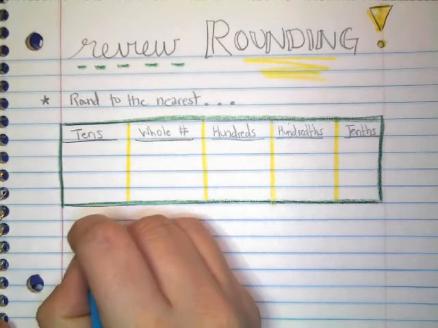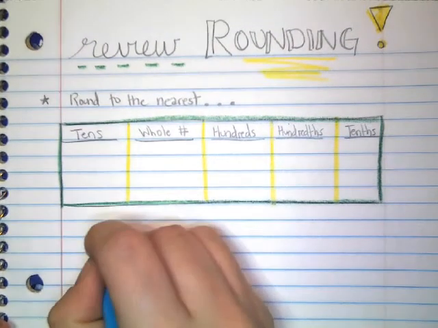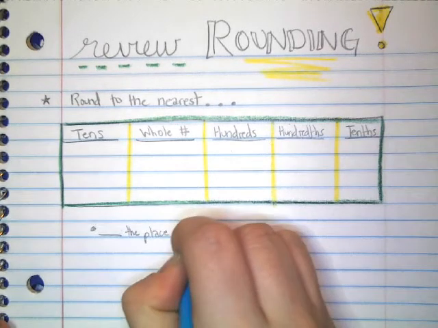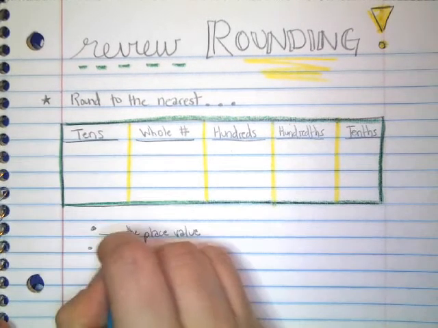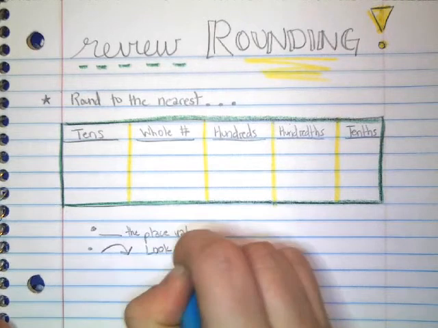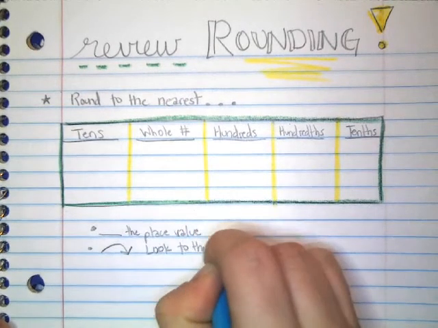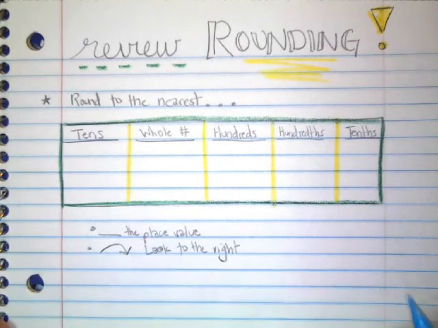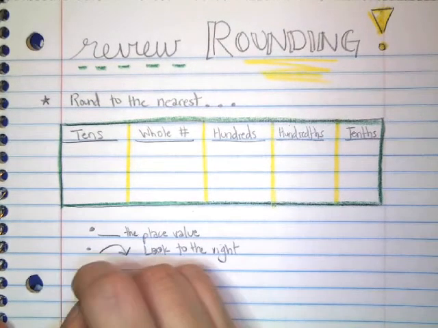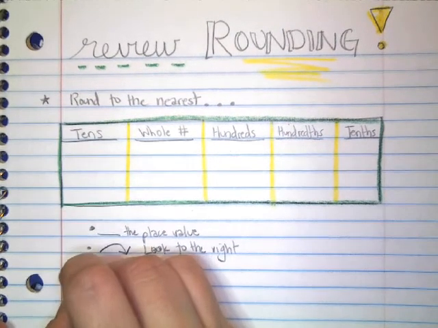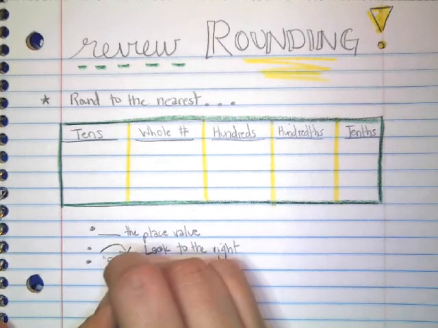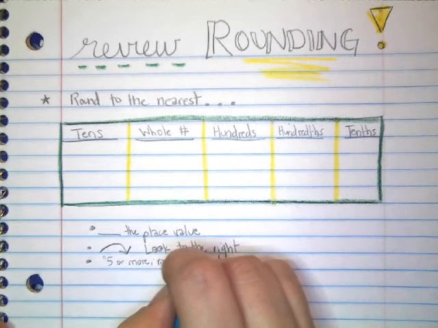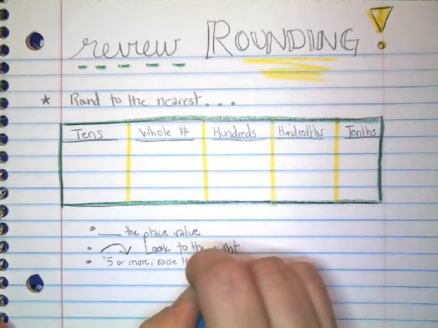Okay? And then the quick steps, remember, are to underline the place value. Look to the right. When you look to the right, you're going to do that phrase: 5 or more, raise the score. 4 or less, let it rest.